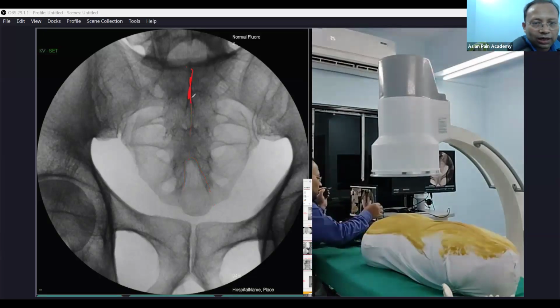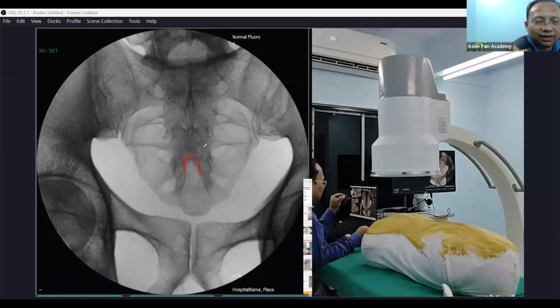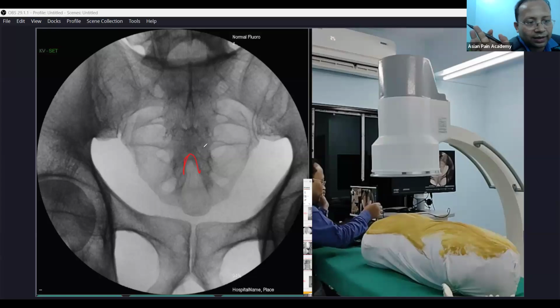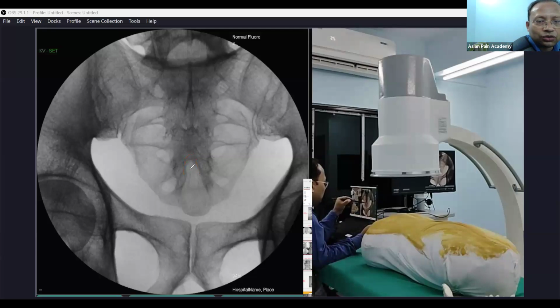We know that the caudal canal starts from the S3 lamina. The lower half of the lamina is usually separated, and S4 and S5 are always separated. So here in AP view, our aim is to fix from where we will start and the direction, these two things.